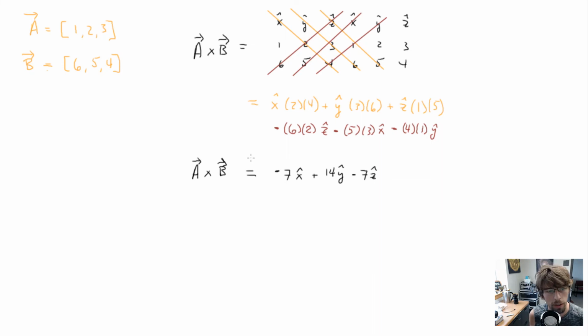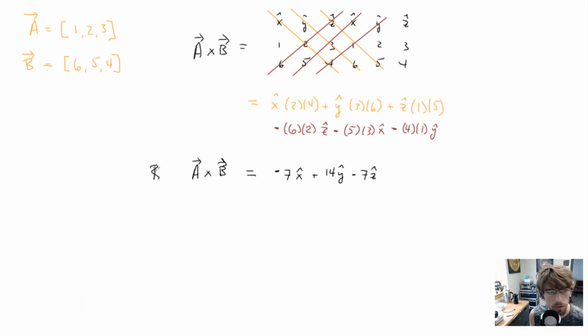Now, that's the first thing. You say, okay, I did this process. Greg told me that this is the resultant. But one thing that I also told you is that the resultant is always perpendicular.